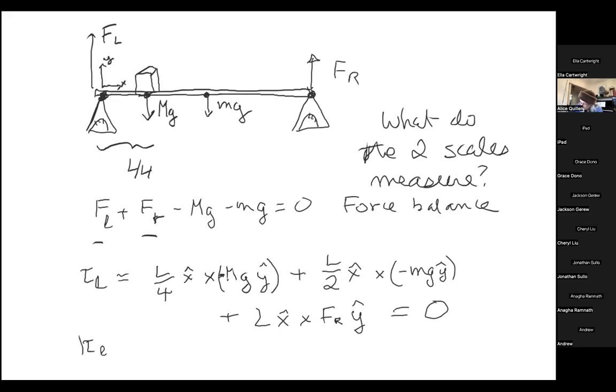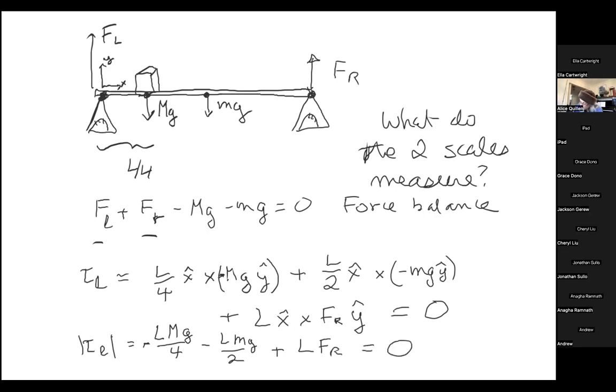So ignoring the z hat part, this would be L mg over 4 with a minus sign, and then this one is minus L mg over 2. That's from the gravity onto the beam, plus L FR, and that equals 0.